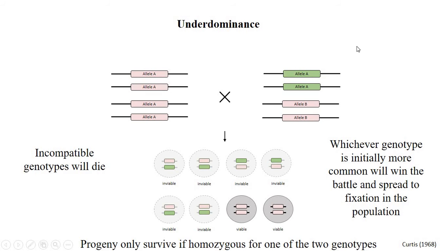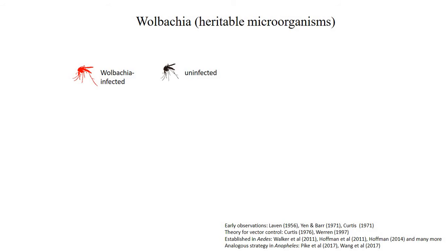If you use another allele that's not usually present in the population and introduce those alleles into the population, these transgenic individuals will mate with the wild type individuals, and all of the offspring will be heterozygotes, and these heterozygotes will then die. So this is a population suppression technique.